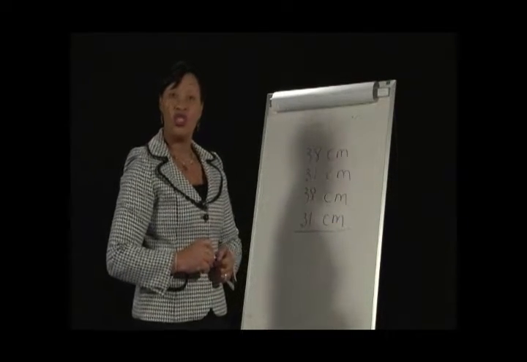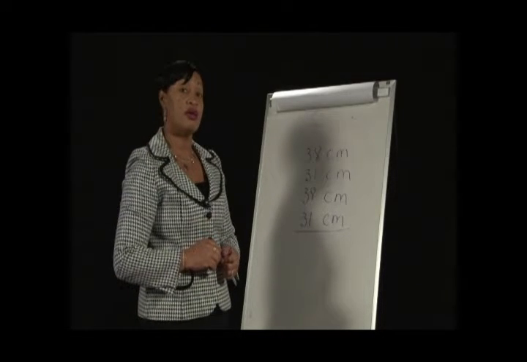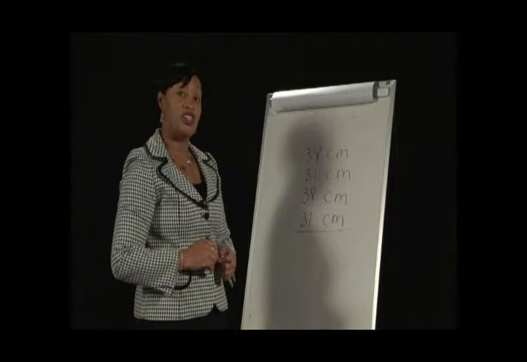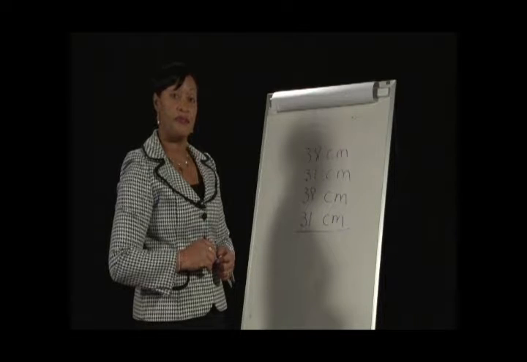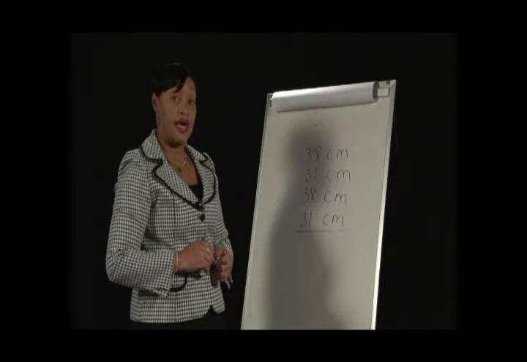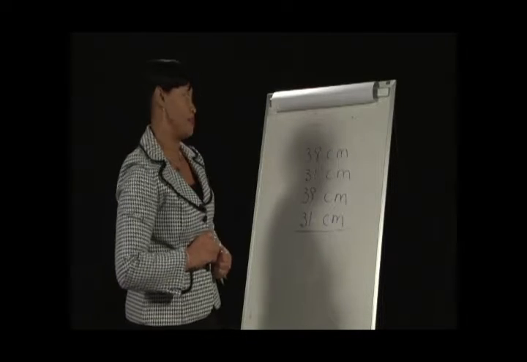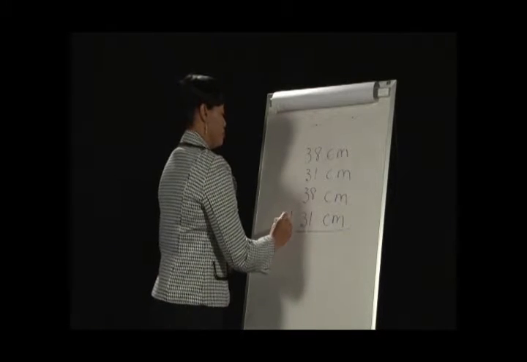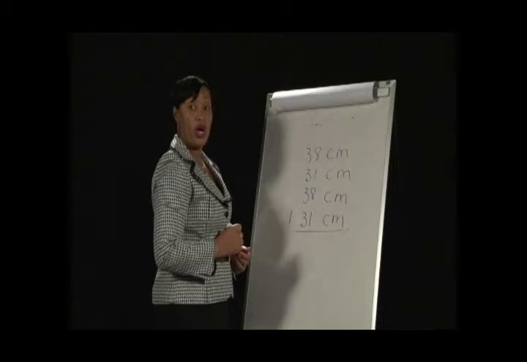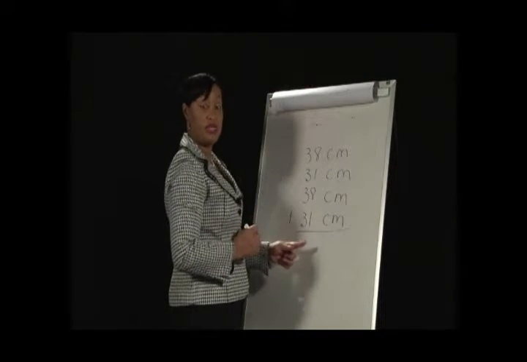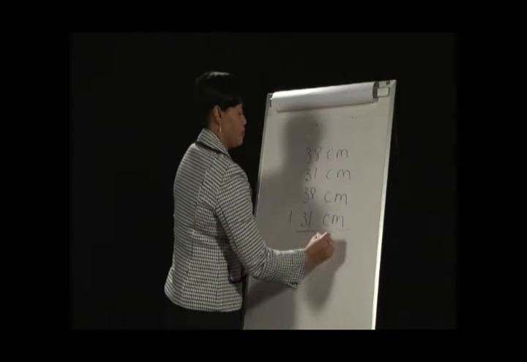Do you know what we should do with these numbers now, boys and girls, to find out the measurement around this property? If you say add, you are correct. Let's add these numbers together. Remember, we are working with our centimeter unit.